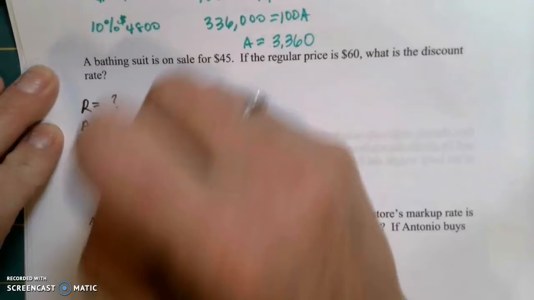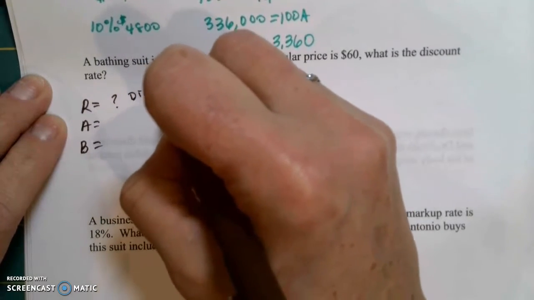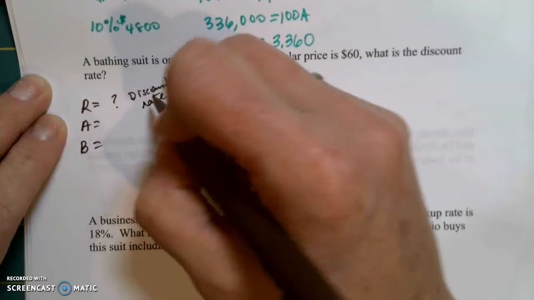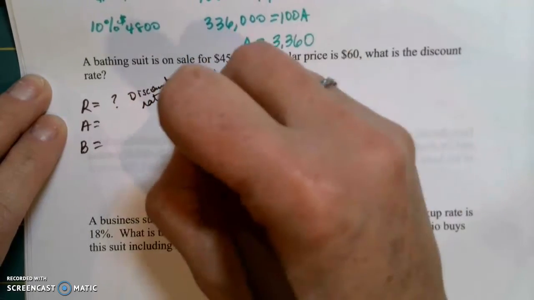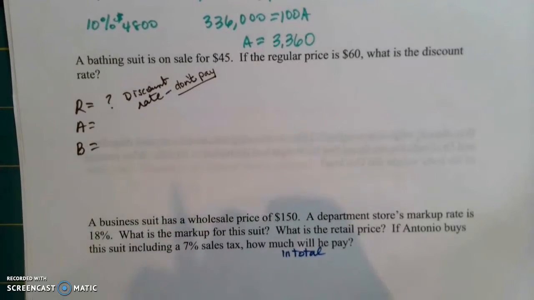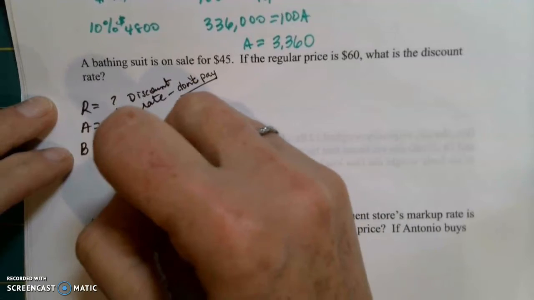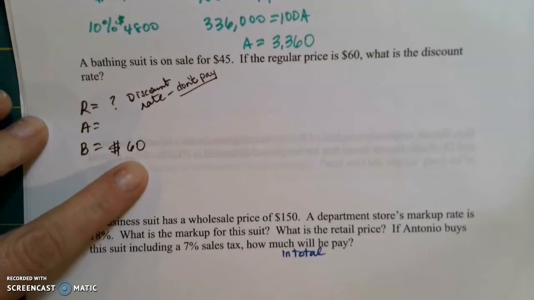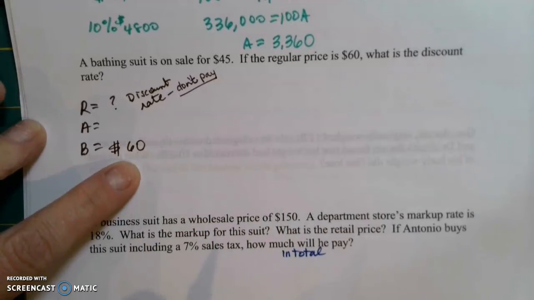All right, so for this, we know we don't know the rate, but we want it to be the discount rate. So that's the part we don't pay, which is different from the part that you still do pay. The original price, the $60 bathing suit, that's going to be your base, because everything gets based off of that regular price.